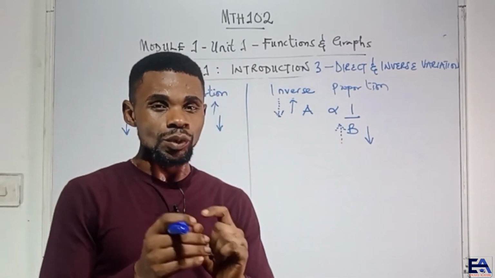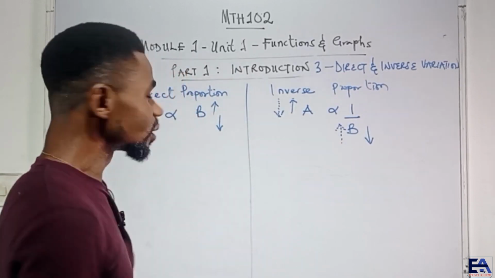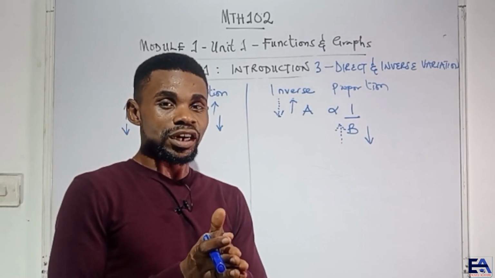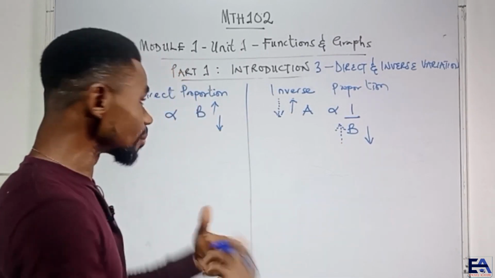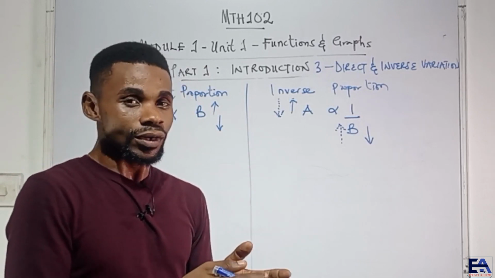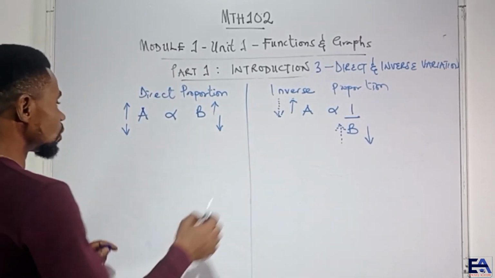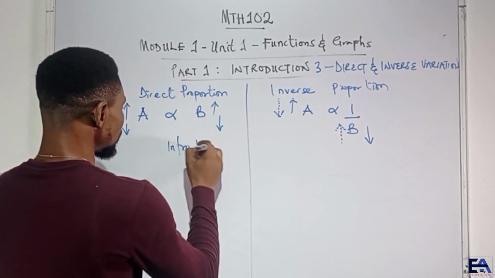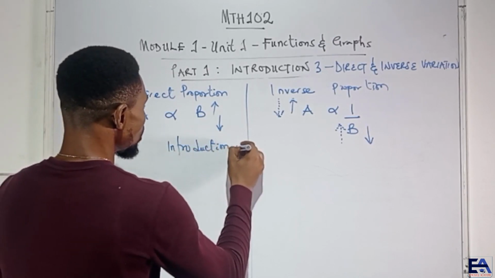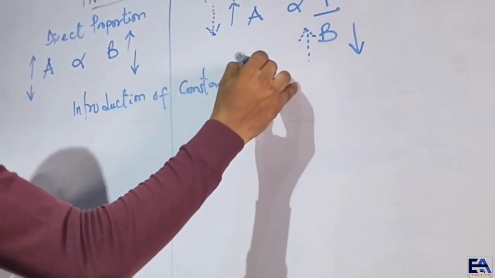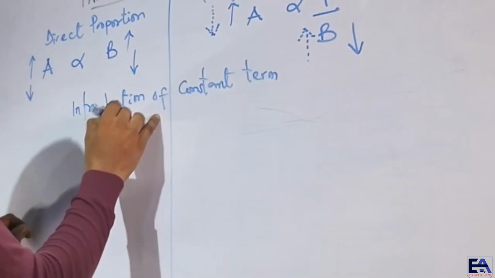We have to find a way of changing it from this proportion sign to something that can be useful, something we can do mathematical calculations around. And that is where we introduce constants. So that's where the introduction of constants comes in.